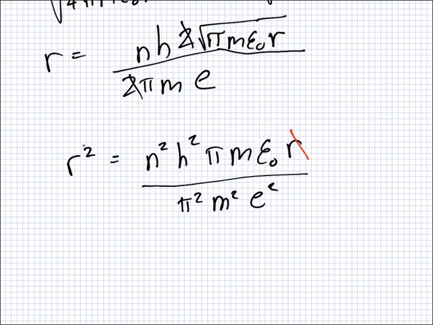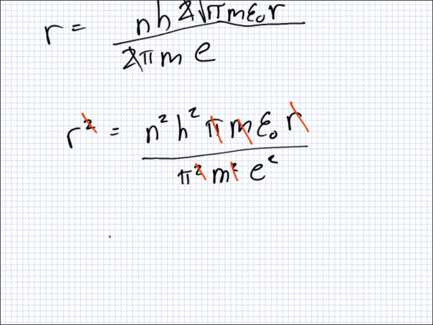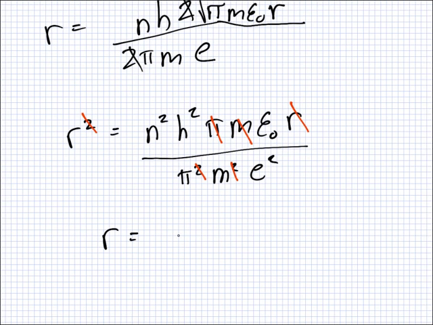Cancel the r with the square there, the pi with the square there, the square with the m there. So I end up getting r equals h squared epsilon 0 over m, mass of electron that is, e squared.